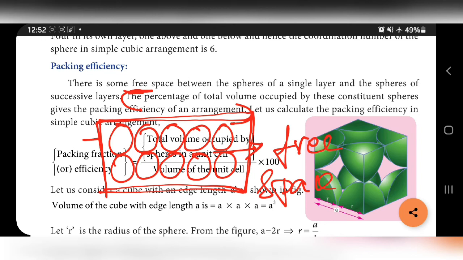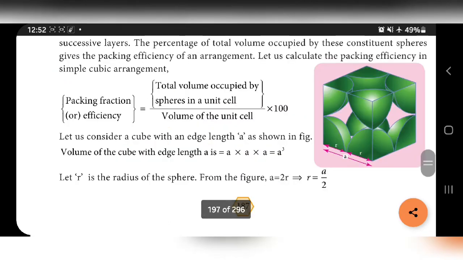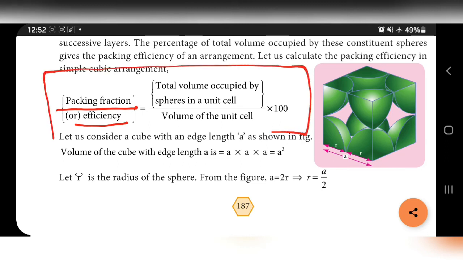How much volume is occupied by the spheres is called packing efficiency. We can calculate the packing efficiency by using this formula: total volume occupied by spheres in the unit cell divided by the volume of the unit cell. So this is the formula for packing efficiency. The meaning is, in the total volume, how much volume is occupied by the spheres.